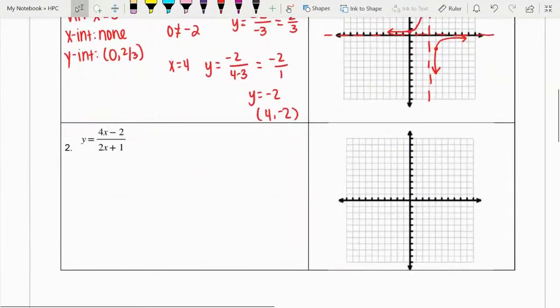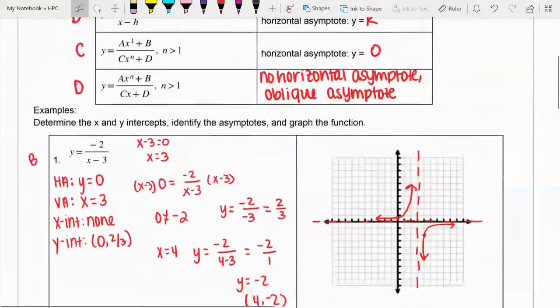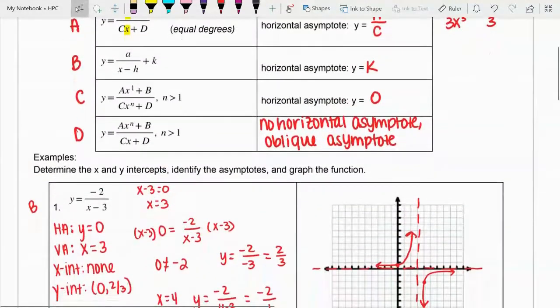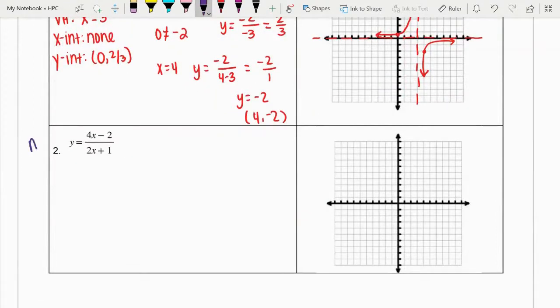Okay, looking at example 2, we have y equals 4x minus 2 divided by 2x plus 1. So again, if we look at the top chart, that looks like our example A. So I'm going to look at the coefficients in front of the variables. Since 4x and 2x both are linear, they both are to the power of 1.